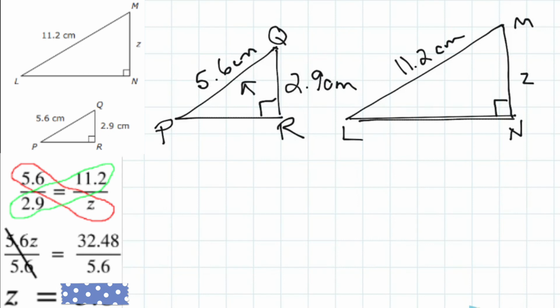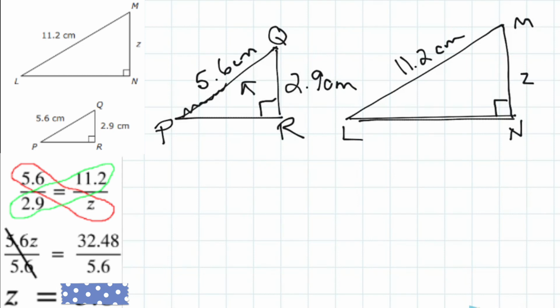Remember, when comparing shapes, to find the corresponding side. The corresponding side is in the same place on both figures, which is why we drew them side by side, making it easier to compare them. Okay? So in order to solve for an unknown side, you can create a ratio for each triangle using the side lengths.